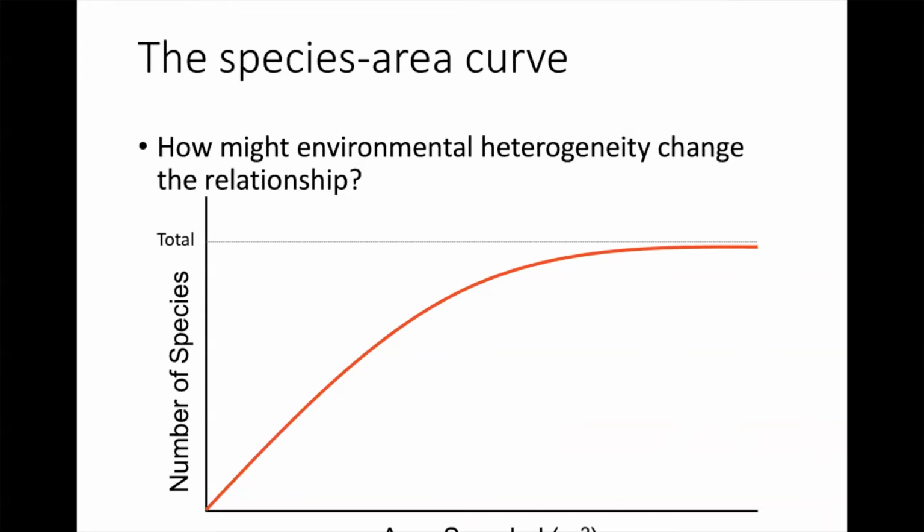Okay, so Claire went to another thing that I was going to talk about in just a moment, which is where if you sampled a lot and then you ignore the order in which you sample to create this curve, you're going to get a smooth curve. But if you plot how many new species you found with each sample in order, so sample 1, sample 2, sample 3, sample 4, that's called a species accumulation curve.